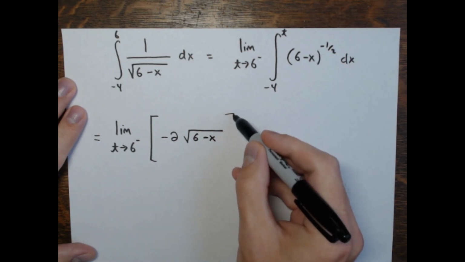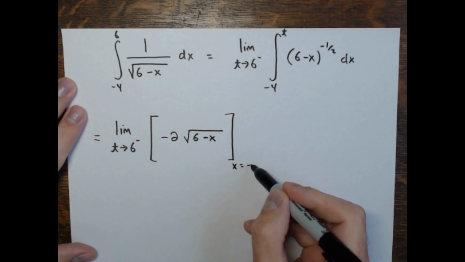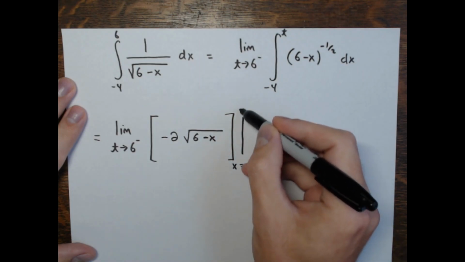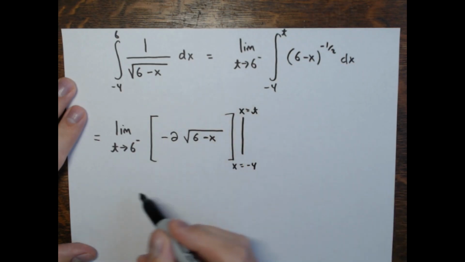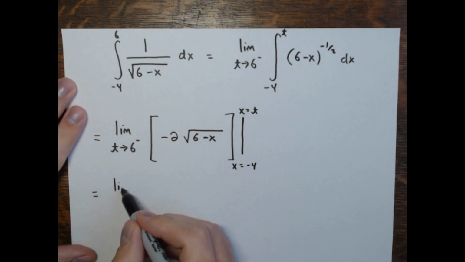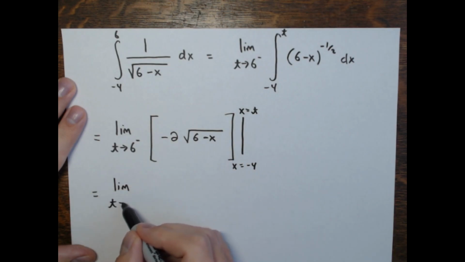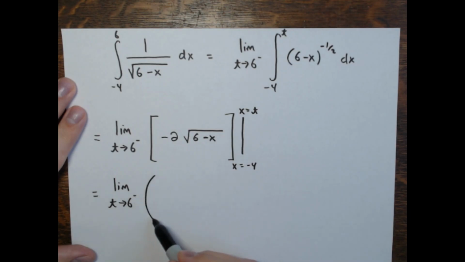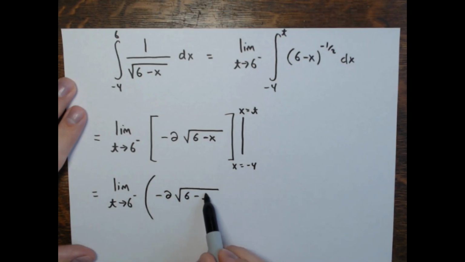And we're going from x equals -4 up to x equals t. Pop those in. Now when I plug in t, this is -2 times the square root of 6 minus t.